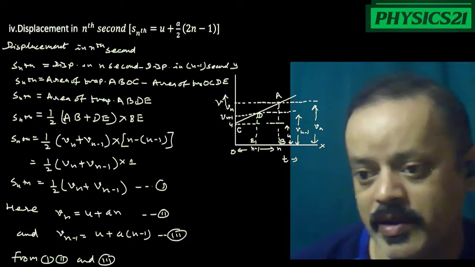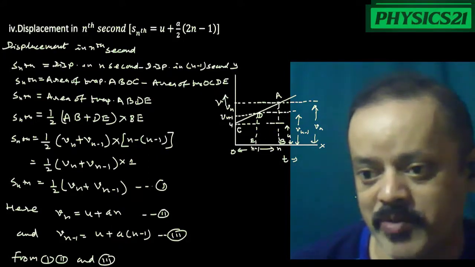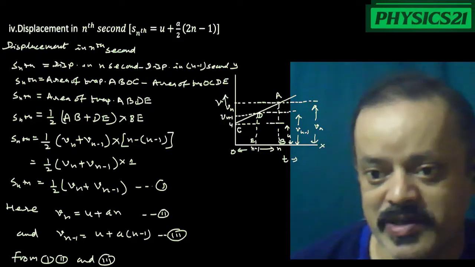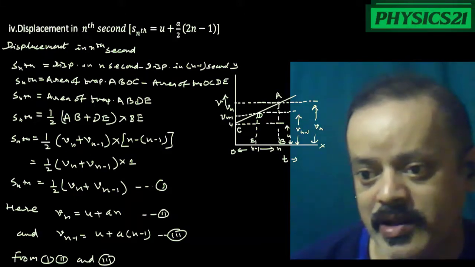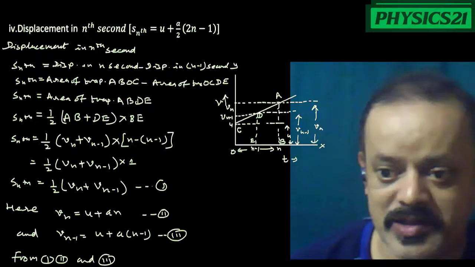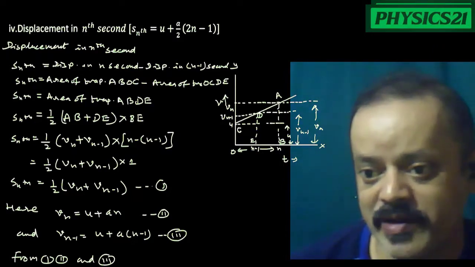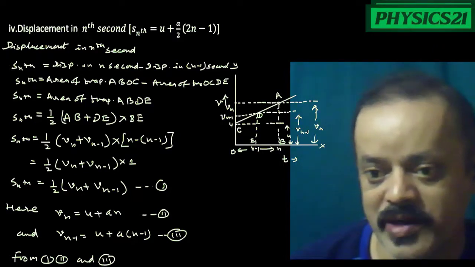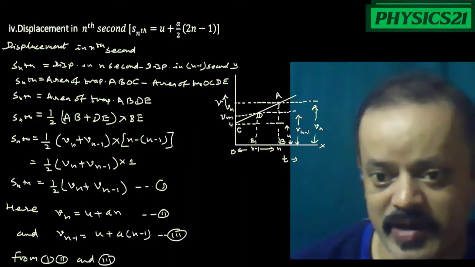To find the displacement in the nth second, we first calculate the displacement in n seconds, then we subtract the displacement in n minus 1 seconds from this value. So we get the displacement in the nth second.